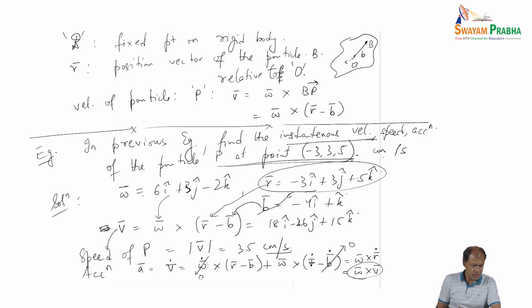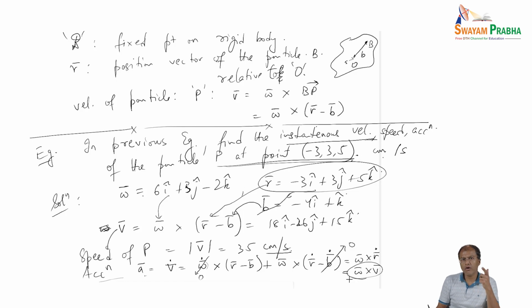So we will remember this result. That is, if there is a rigid body rotating with some angular velocity and we want to find the acceleration of any point on the rigid body, then the acceleration is given by the angular velocity of the body cross with the velocity of the object on the body.